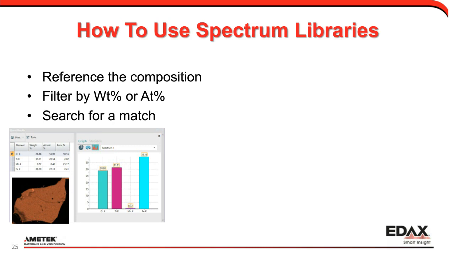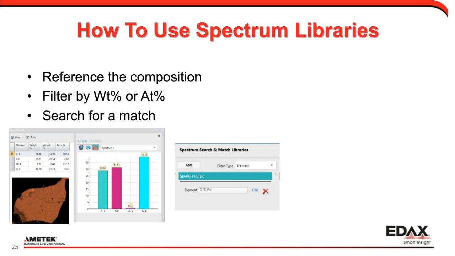We look at the weight percent or the atomic percent of those grains, and we see those here in both number and bar chart. Then we pull up our spectrum search and match library function, and we could filter based on several parameters such as filter by conditions like kV, or filter by date, or filter by element. So we can actually search the entire system that you have all of your spectrum on.